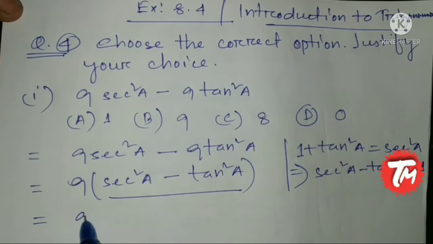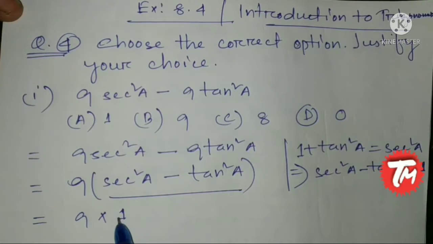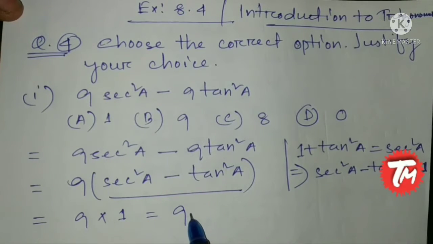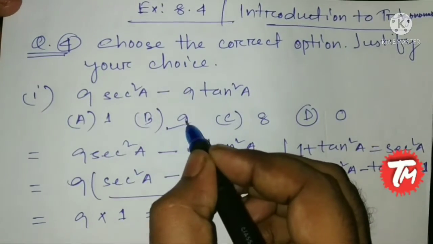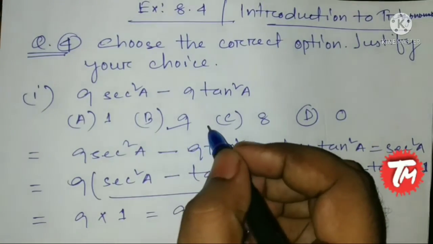So that is why we can write here 1. So now what is the answer? That is 9. So this option is the correct answer.